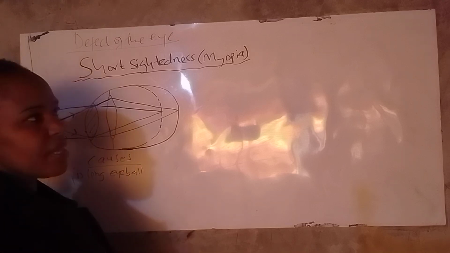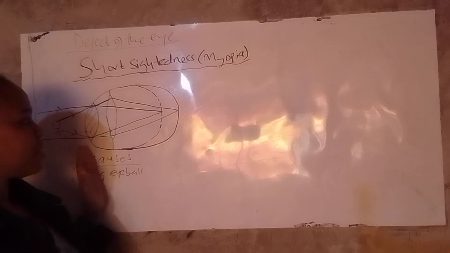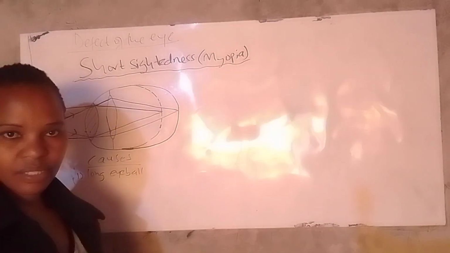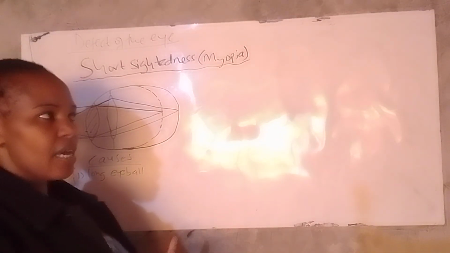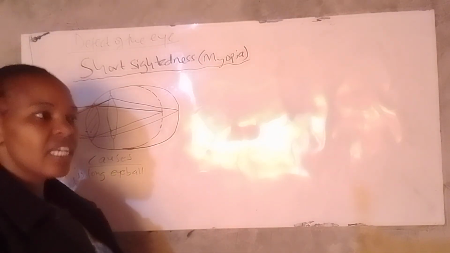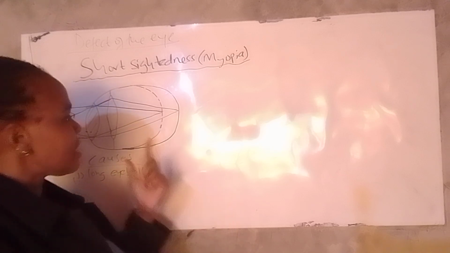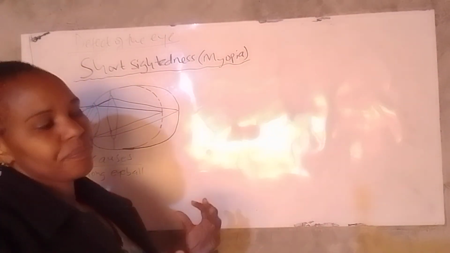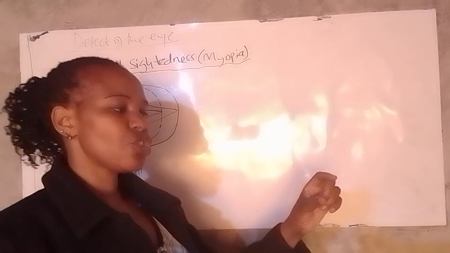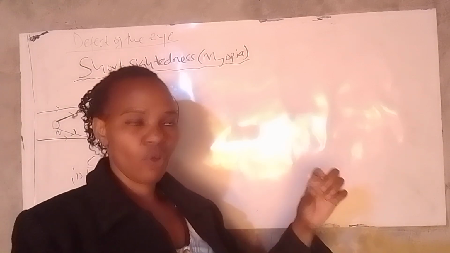Now the other problem could be that the eyeball is the correct size, meaning the eyeball of this person who is short-sighted is the same as the eyeball for a person with no defect, but the lens is the problem. This lens could be a very strong lens which has a very short focal length.